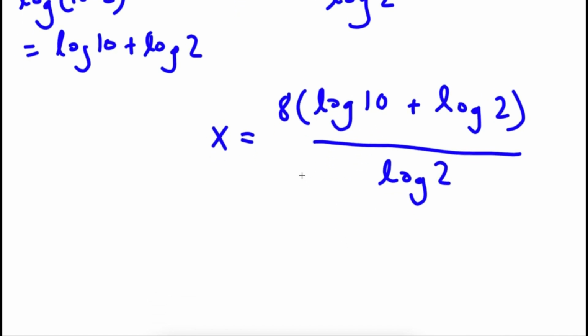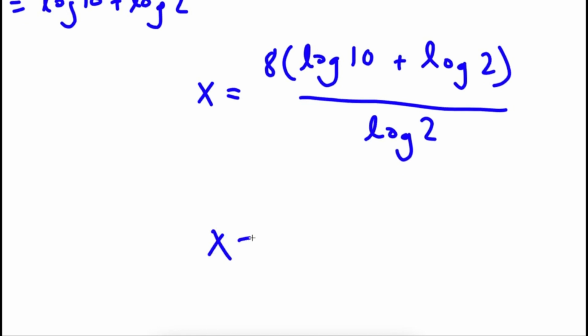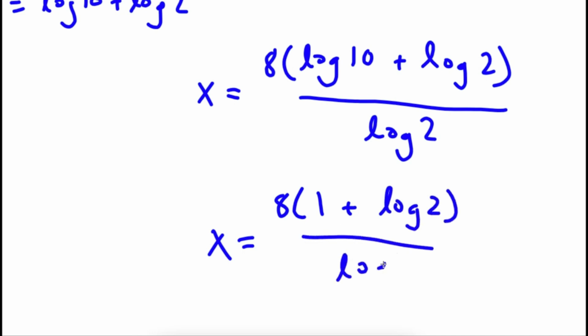Now log 10 is simply equal to 1. So now I have x is equal to 8 times 1 plus log 2 over log 2.